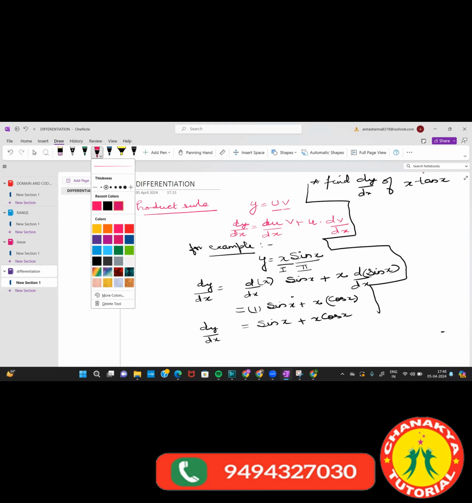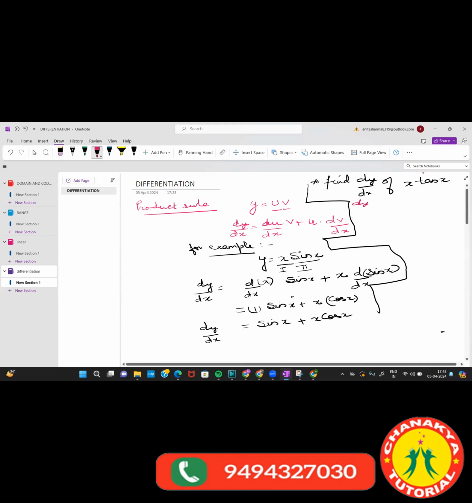Tell me the steps. First of all, we will write dy by dx is equal to differentiation of x, then tan x as it is, plus x as it is, then differentiation of tan x.